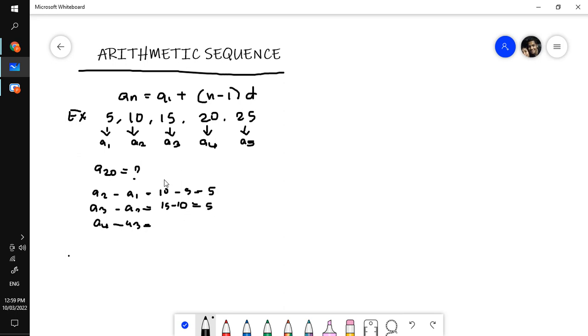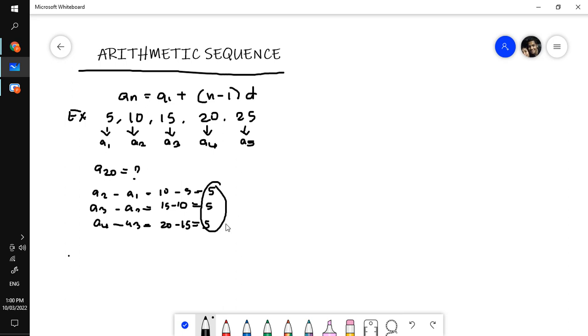A sub 4, that is 20, minus a sub 3, that is 15. So 20 minus 15, that is also 5. Thus, we do have a common difference which is equal to 5. Take note that a sequence can only be considered as an arithmetic sequence if they do have a common difference.